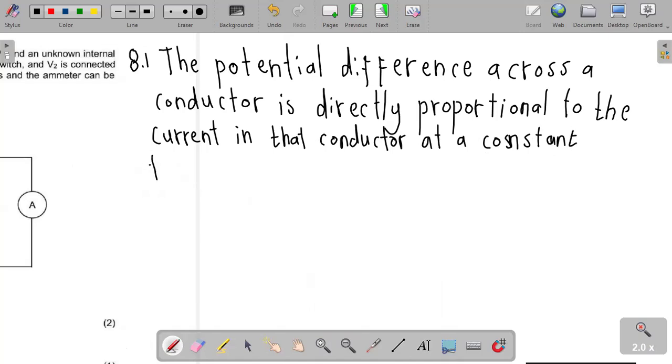So the temperature has to be constant here.